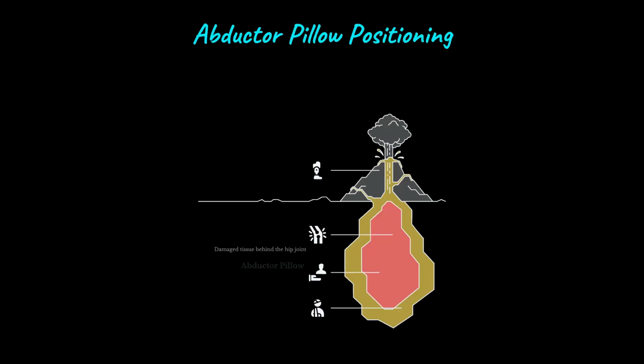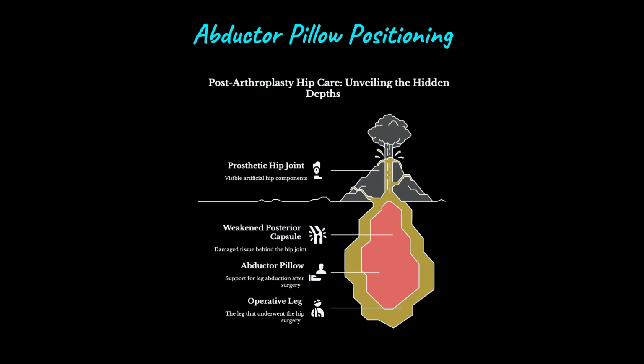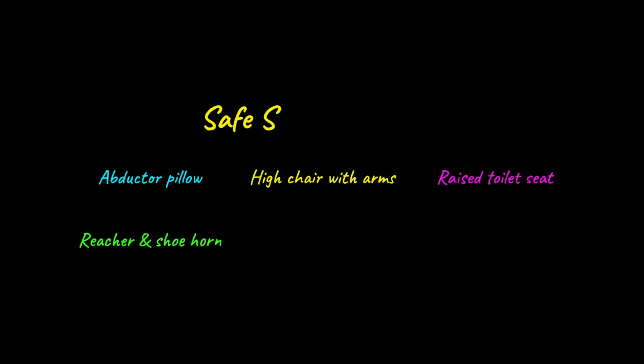Crossing the legs combines internal rotation and adduction, making it especially dangerous. An abductor pillow between the legs maintains slight abduction and prevents the leg from drifting into adduction while the patient sleeps, protecting the healing posterior capsule.